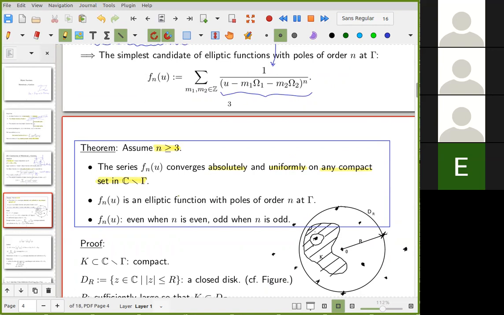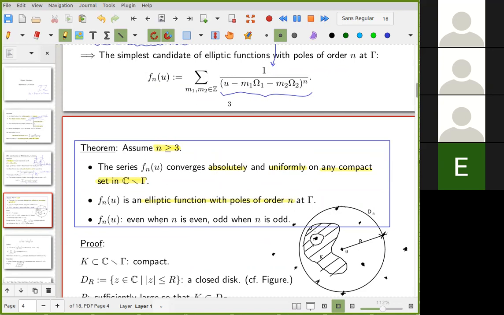Of course, we have to exclude lattice points because each term diverges explicitly. And yes, it defines an elliptic function of order n.